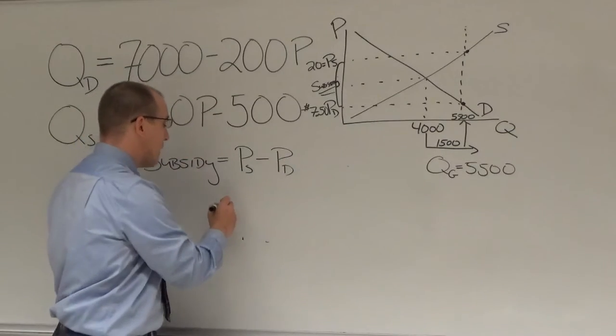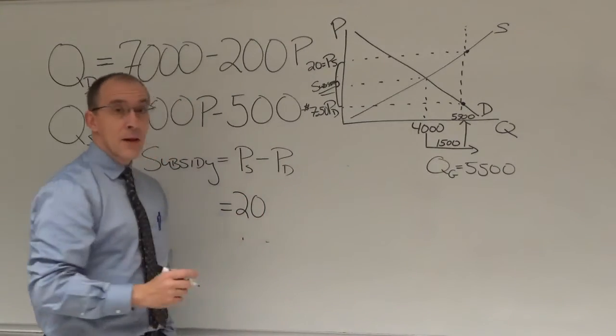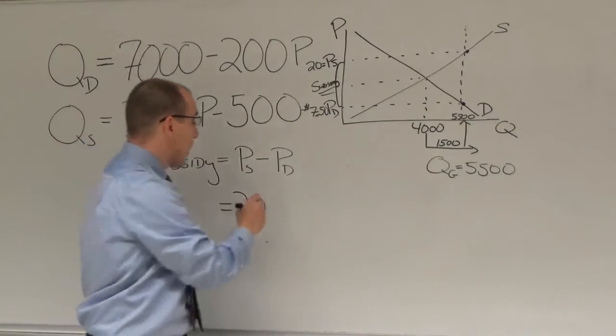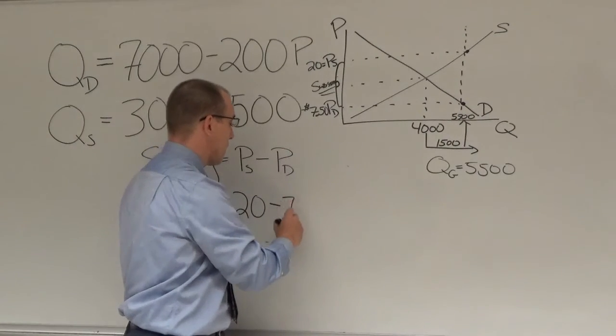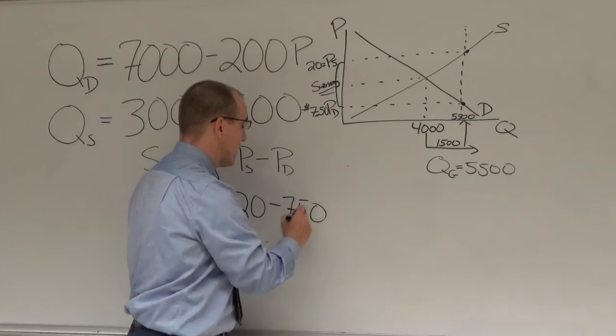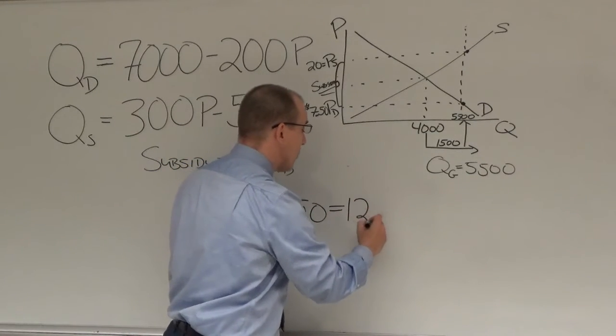Which basically comes out to $20, what we have to pay the transit system to support that many riders, minus the amount that the riders are willing to pay, $7.50, which gets us to a subsidy of $12.50.